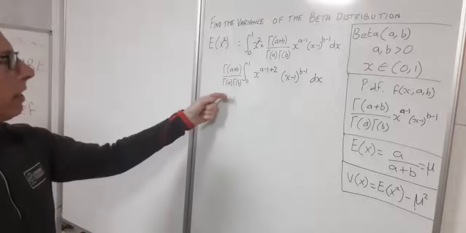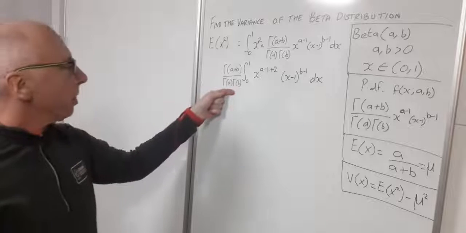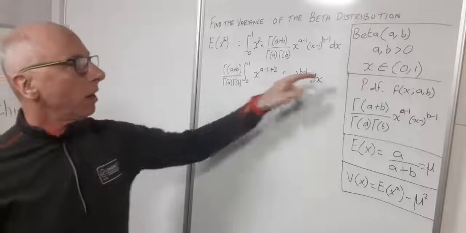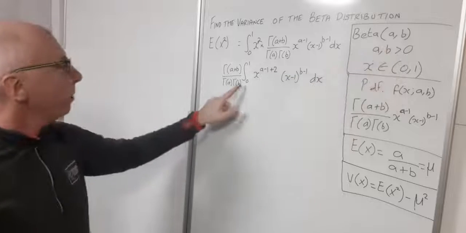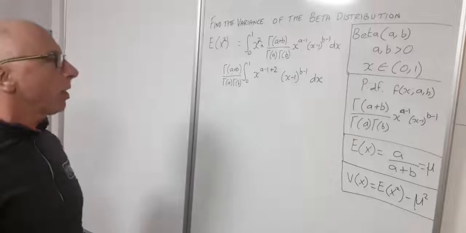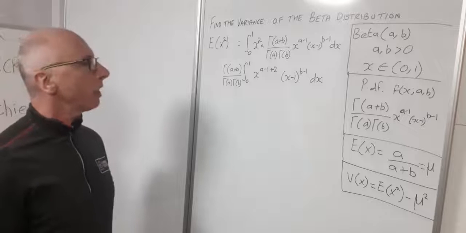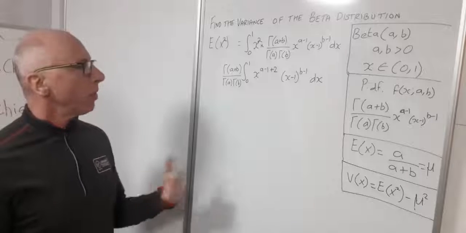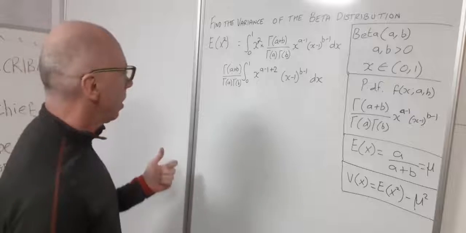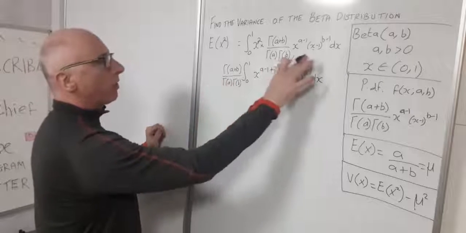Okay, now this is fine, this is a constant multiple in regards to our parameters, but we've got this integral here. Now we're not going to be able to do that with normal integration techniques, but there is an identity which we can use, and we worked out the result of it in the previous video.